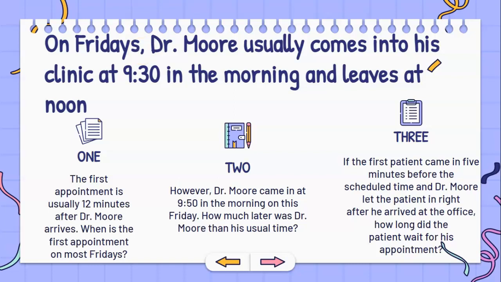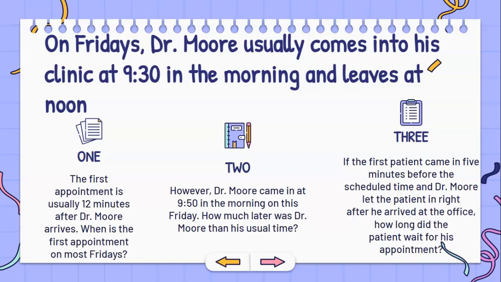Pause the video and take your time answering this question. Because it is 12 minutes after the time he arrives and he arrives at 9:30, your answer is going to be 9:42.